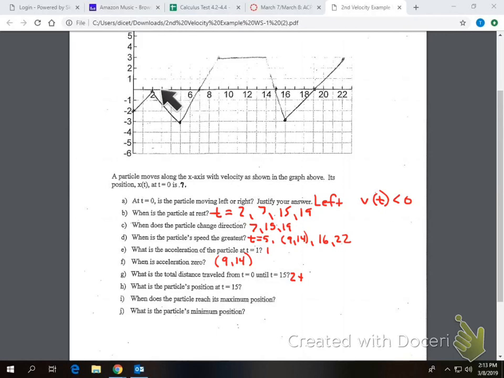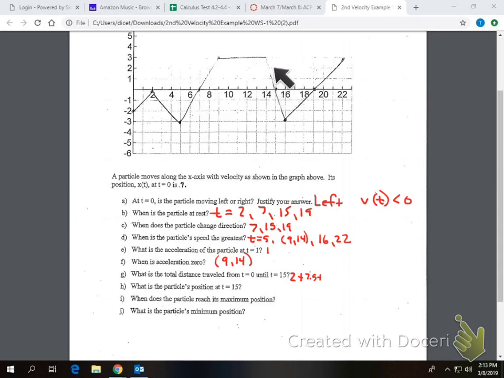Half of 15 is 7.5. Plus, your choice: you could do a trapezoid, or you could go triangle plus rectangle plus triangle. You follow me? It's going to give me the same thing.